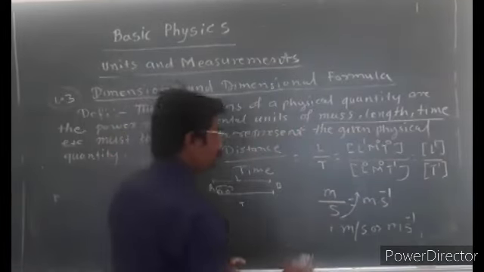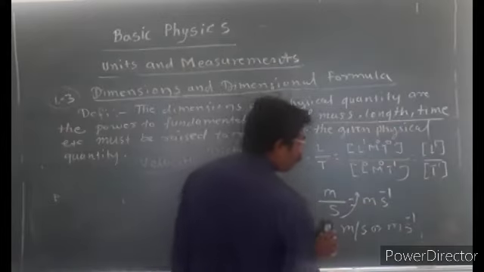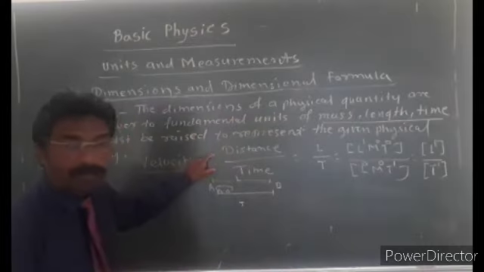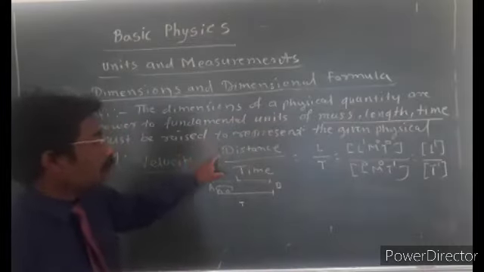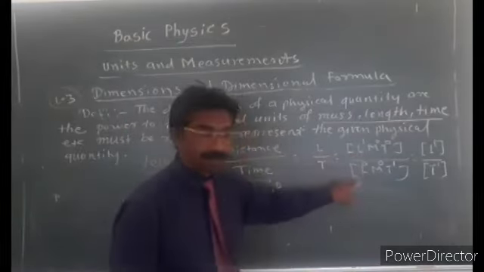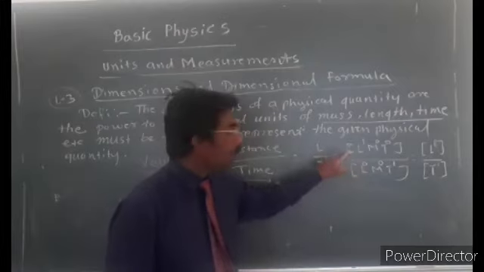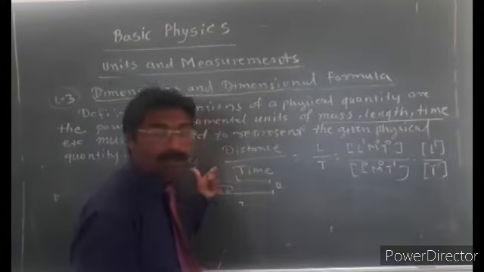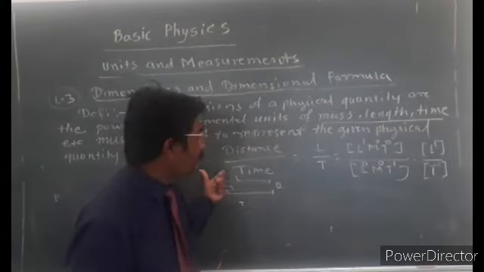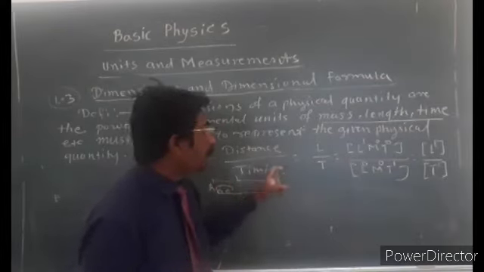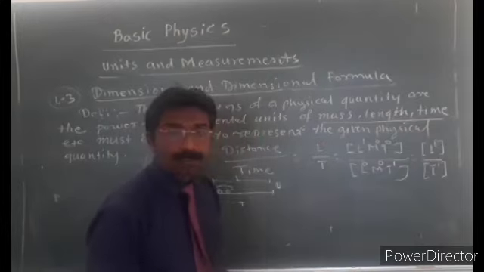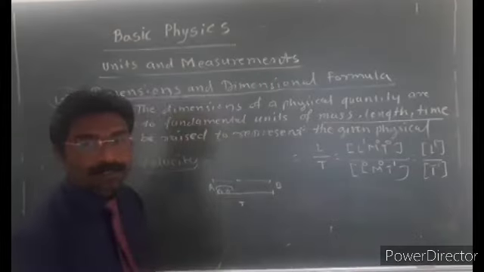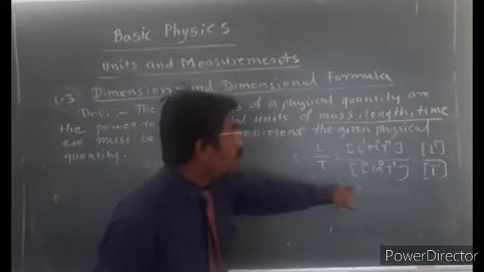Even if you don't know the SI unit of velocity, these dimensions tell us how to find the unit of that quantity. If you know the dimensions and you don't know the formula for velocity, these dimensions will still help you.